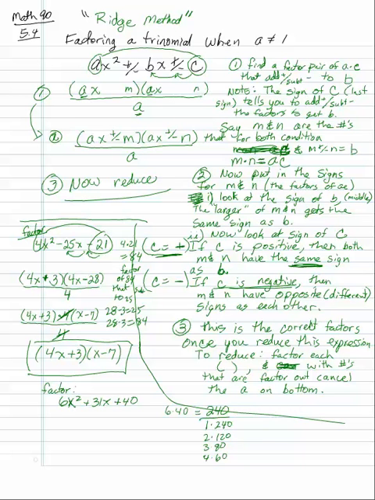And remember, I'm looking for factor pairs that add to 31.